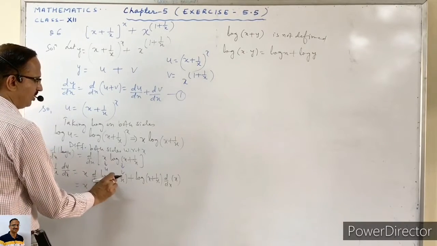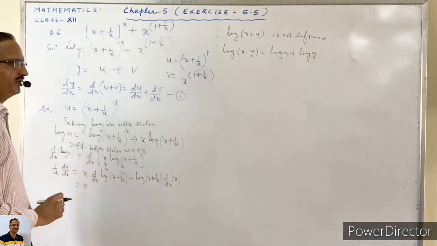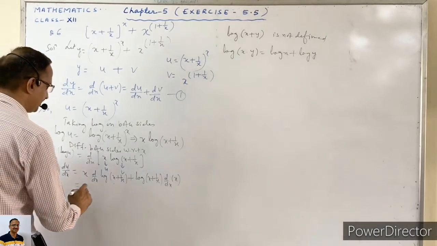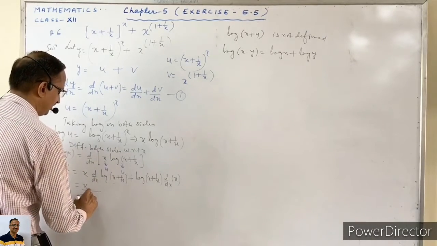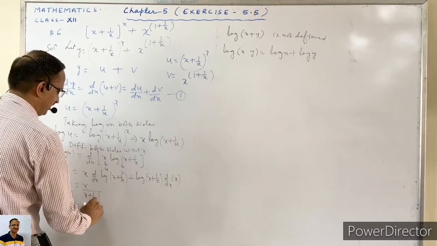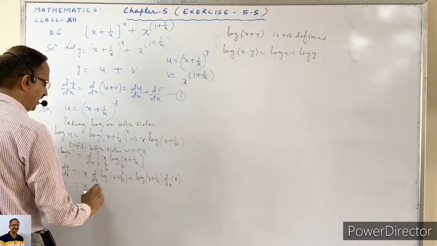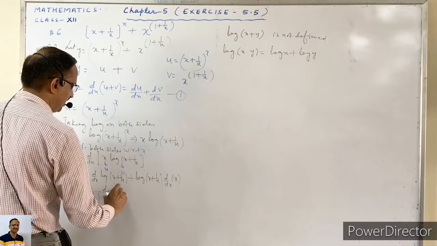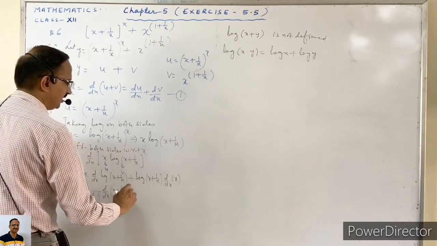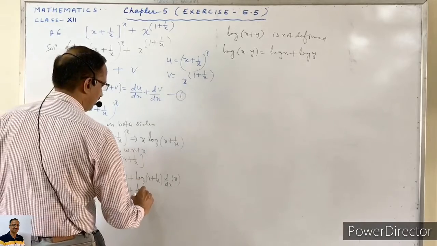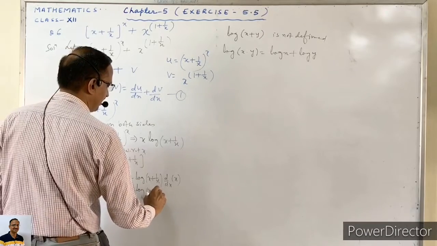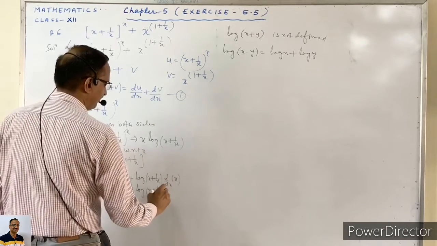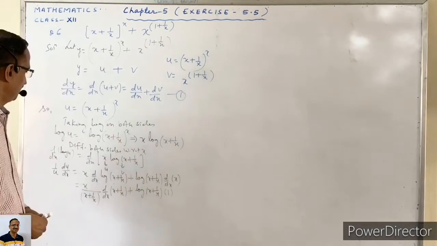Now log: the derivative of log x is what? 1/x. So this can be written as 1 over this, but this is not x, so we will write the derivative of this in the product. Now this is log(x + 1/x), and the derivative of x is 1.